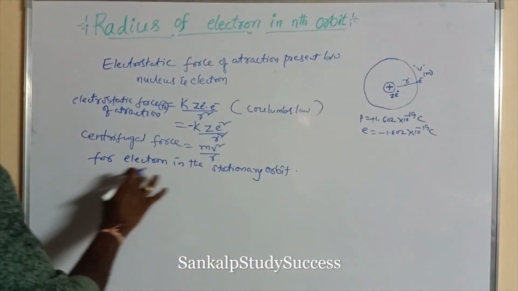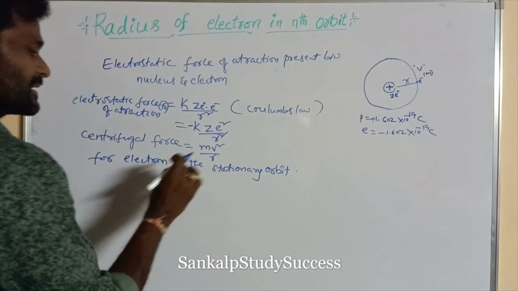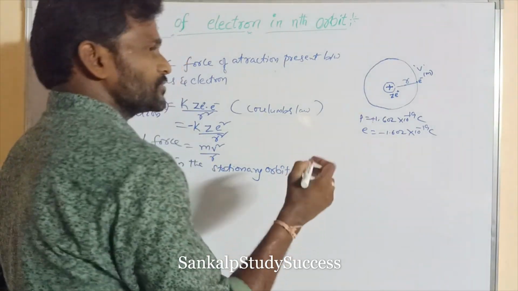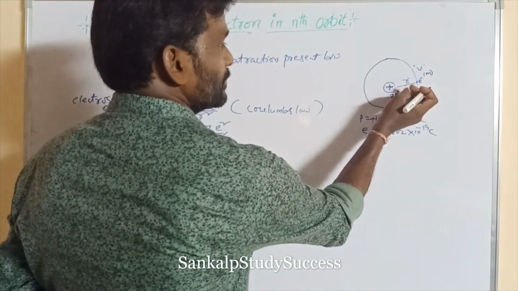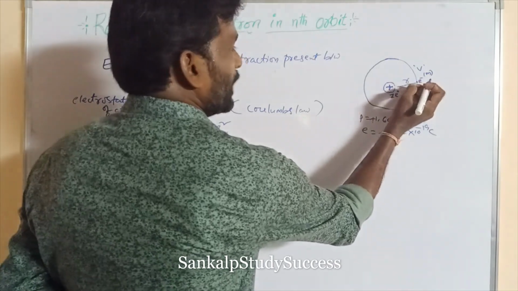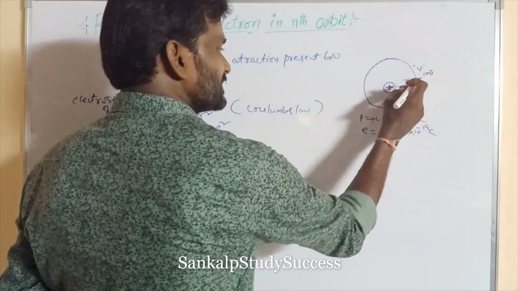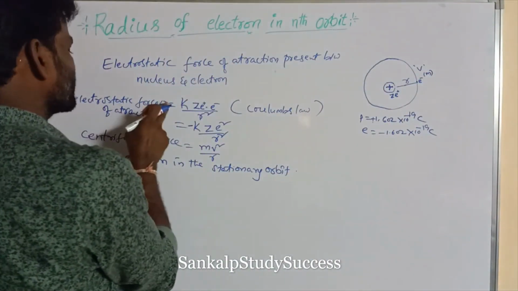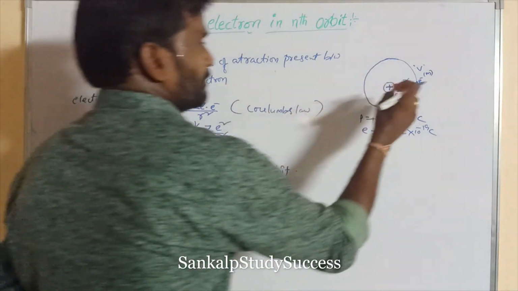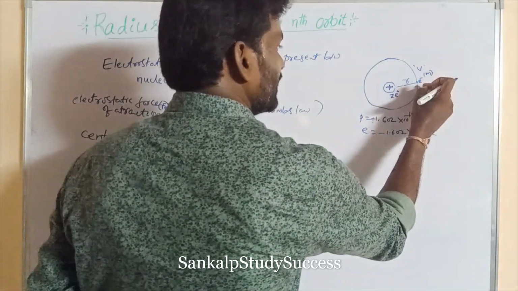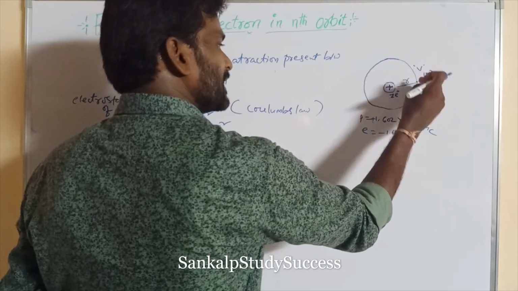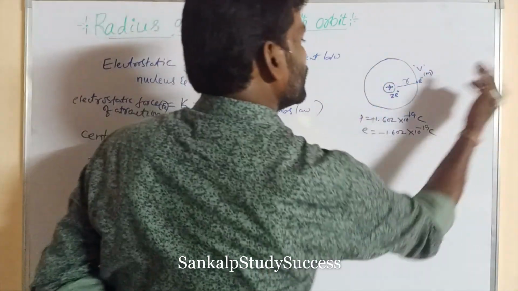So for an electron in the stationary orbit, the attractive force acts towards the nucleus, that is the electrostatic force of attraction, and the electron also has a centrifugal force acting away from the nucleus.